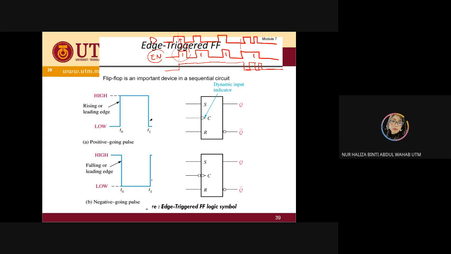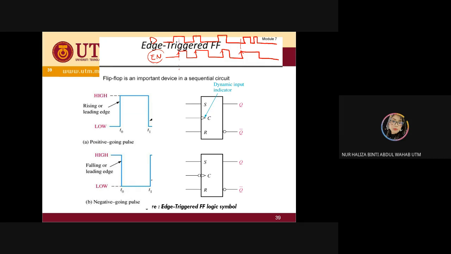But this one is for the latch when you have EN. If you have a clock, it's not going to see whether it is 1 or 0, but it's going to see the arrow there.